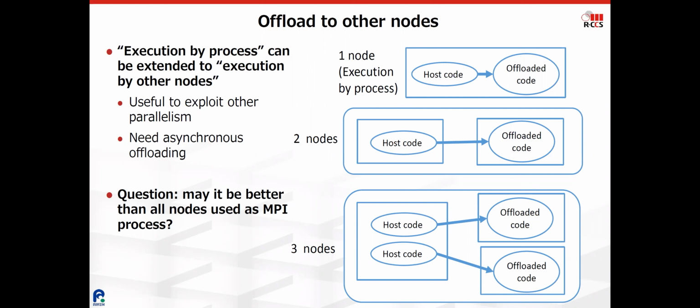It is useful for exploiting other parallelisms, but in this case, to make it efficient, we need a kind of asynchronous offloading. But the basic question on Fugaku is whether it is better than the old process used in MPI processes. We need to explore this kind of thing.